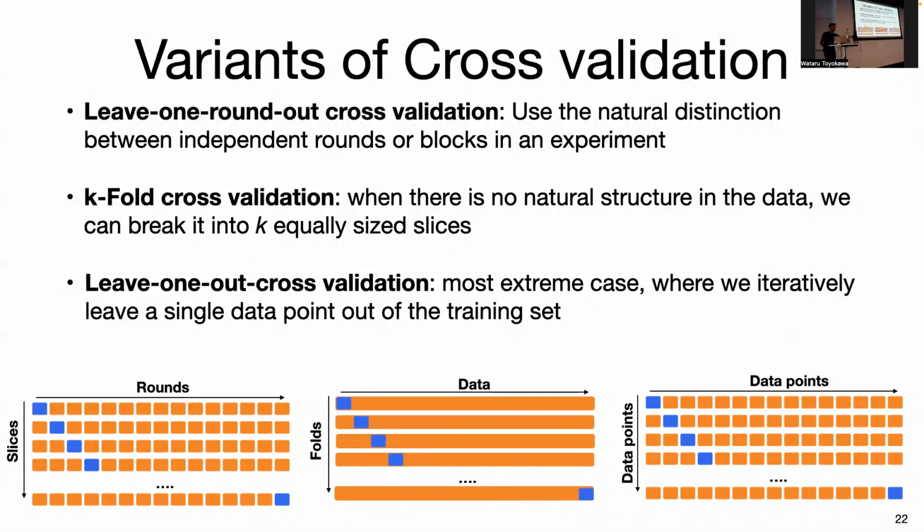If there's no natural structure in the data, you can break it into k equally sized slices, sometimes also called folds. So this is k-fold cross-validation. Okay, from the drawing, I thought you were leaving one out every time. Yeah, so we're leaving one fold out, or one slice out, however you want to slice it. So it's somewhat arbitrary and based on your data.